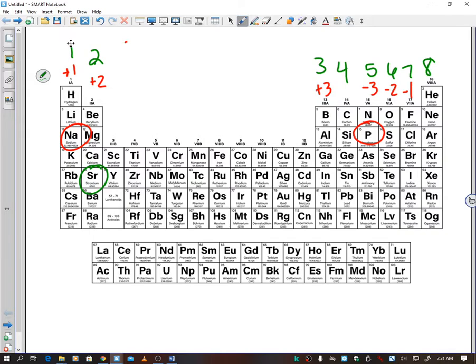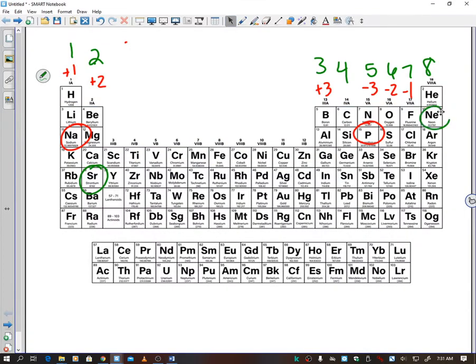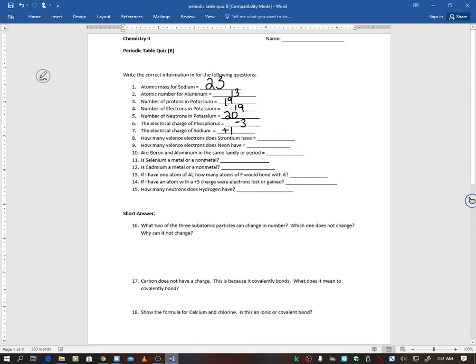And what was the other one? I can't remember now. Strontium and neon. Okay, and neon has 8 valence electrons. It is complete, it's full, it's stable, it's happy. Everything down that 8th column is. So strontium is going to be 2. Neon will be 8.